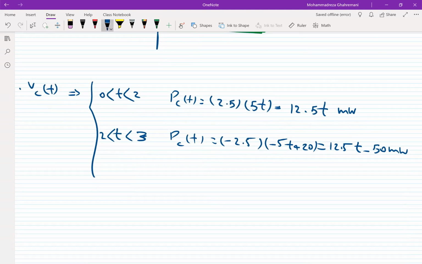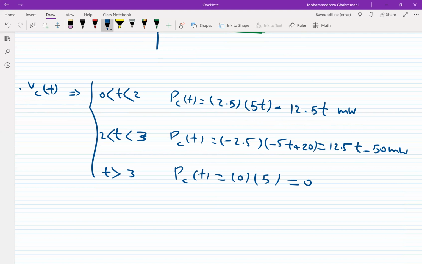And finally, for time greater than 3, power is equal to 0 times 5, which is equal to 0. Okay, so we got the power for all time.